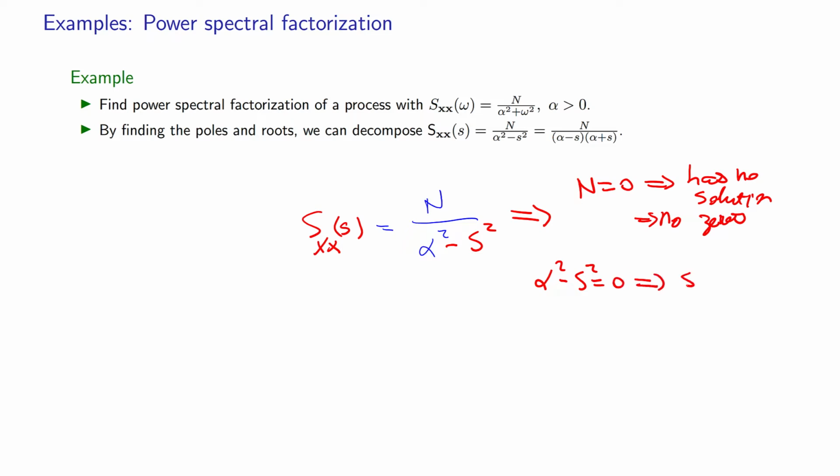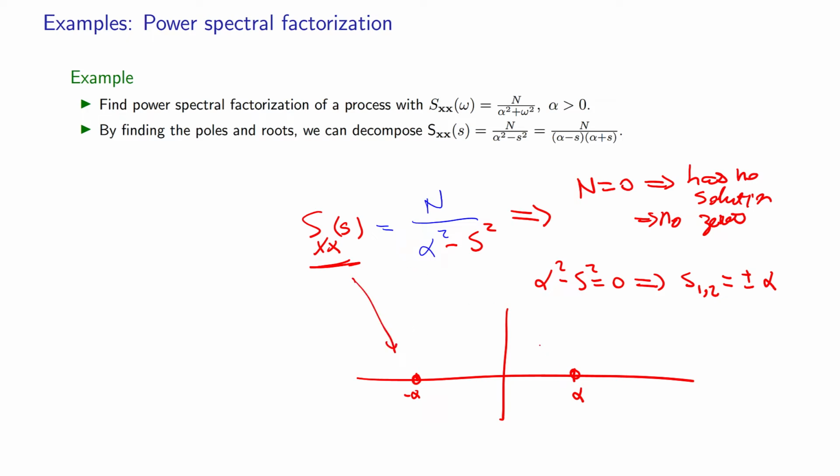So from here I get s_1 and 2 equal to plus minus alpha. So I have no zero, so I don't put any circle here, and at point alpha I have one pole, and at point minus alpha I also have one. So at these two poles, this function becomes infinity, very large.